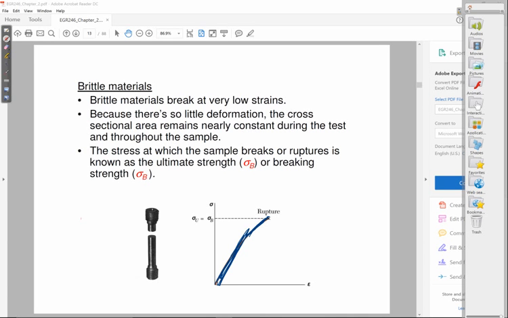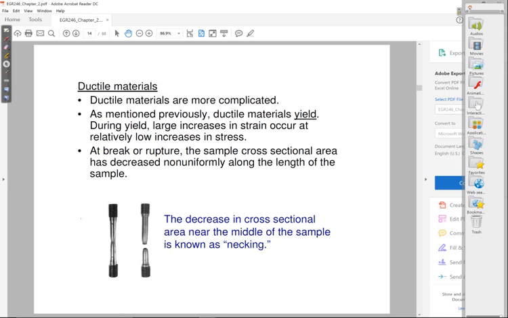On the piece of steel that we showed earlier, if you took the two broken pieces and placed them back together and measured that length, it would be significantly longer than the original length, because of all the permanent deformation that had happened. All right.